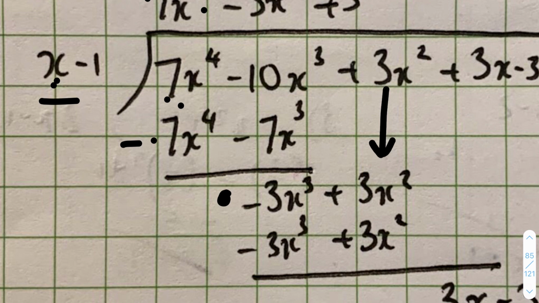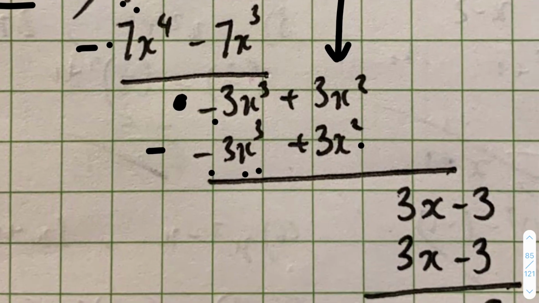So to find the next value which times by x gives minus 3x cubed, in this case it's minus 3x squared. So we put minus 3x squared up here, times by x to get minus 3x cubed. And don't forget the second value right here. So minus 3x squared times by minus 1, we get plus 3x squared, which is right here.